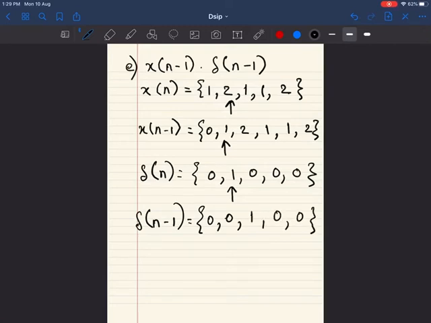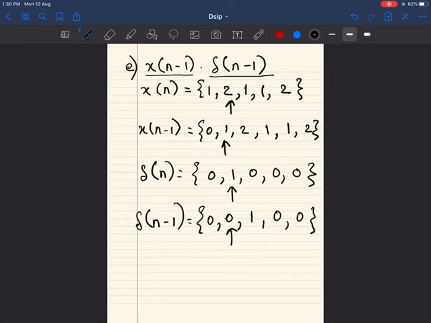What I am doing is nothing but shifting the signals here and there, because the question demands it. In the end, I need to have a value for x of n minus 1 and values for delta of n minus 1, which is exactly why I am doing these steps. Now you all will get confused about why I have taken only so many zeros, whereas the impulse function is an infinite series.